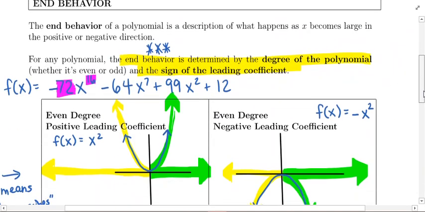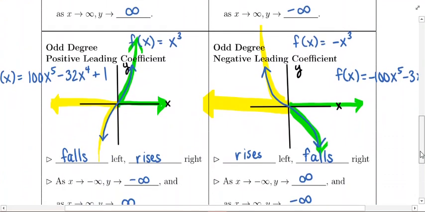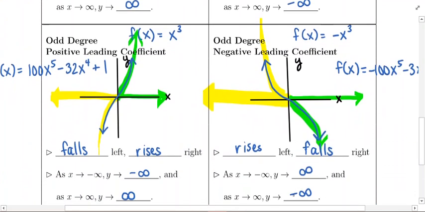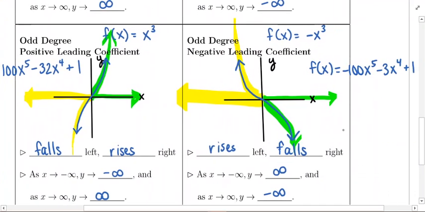We have an odd degree and a negative leading coefficient, so that is going to be this box over here, in the bottom right. Any polynomial of odd degree with a negative leading coefficient is going to behave like negative x cubed does. So it's going to rise to the left and it's going to fall to the right.